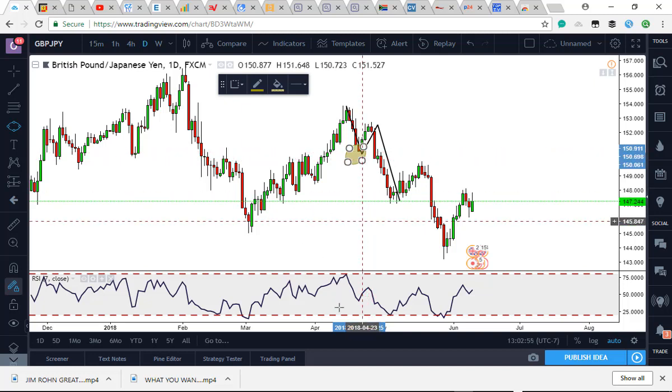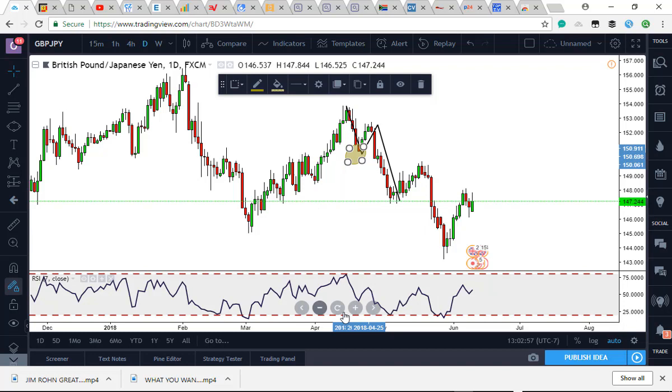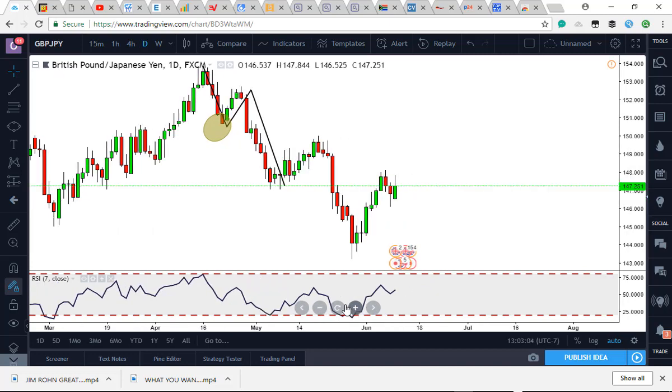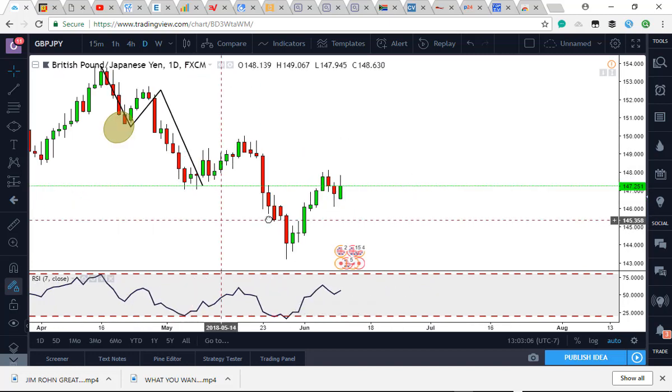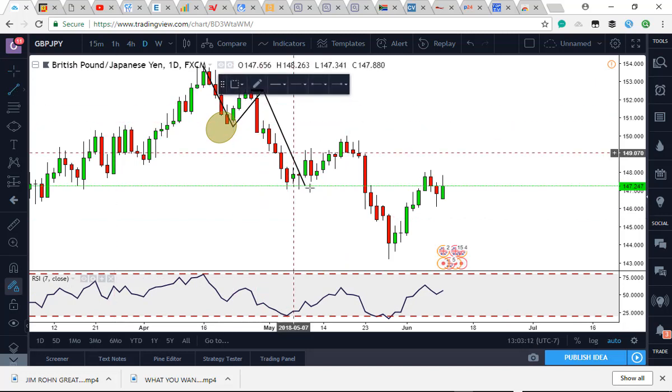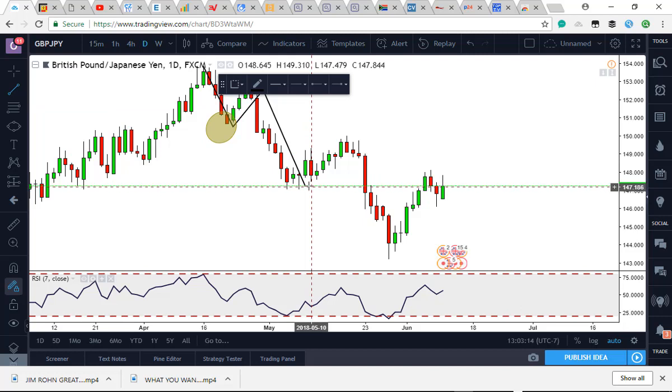Okay, so let's try to zoom in. At this point we have just violated a significant support level, or demand as some like to put it.